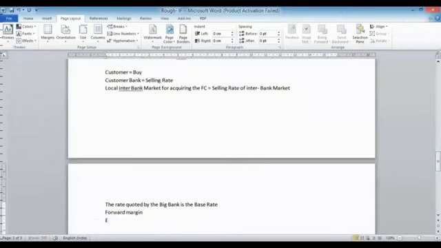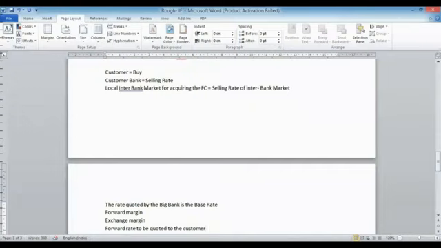Then we have to load the exchange margin, and then we get the forward rate to be quoted to the customer.